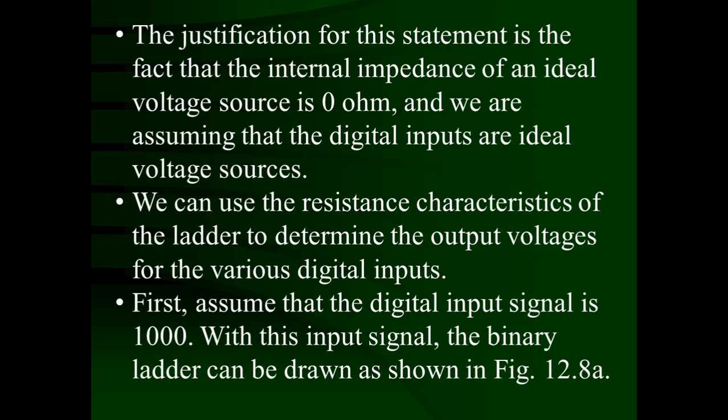That means on the MSB, that is at 2 raised to 3, the plus V is connected, and the 2 raised to 2, 2 raised to 1, and 2 raised to 0 inputs are grounded because they are connected with the 000. First, assume that the digital input signal is 1000. With this input signal, the binary ladder can be drawn as shown in figure 12.8a.